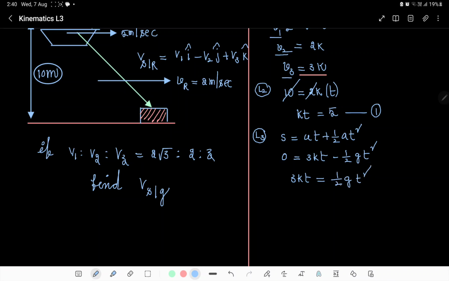Let's say the g value is 10. So 3kt is equal to 5t squared.